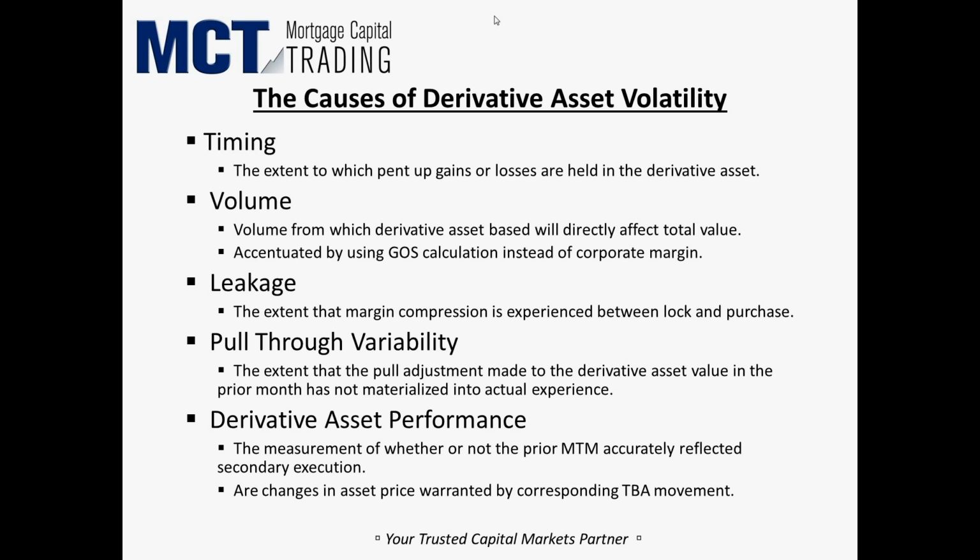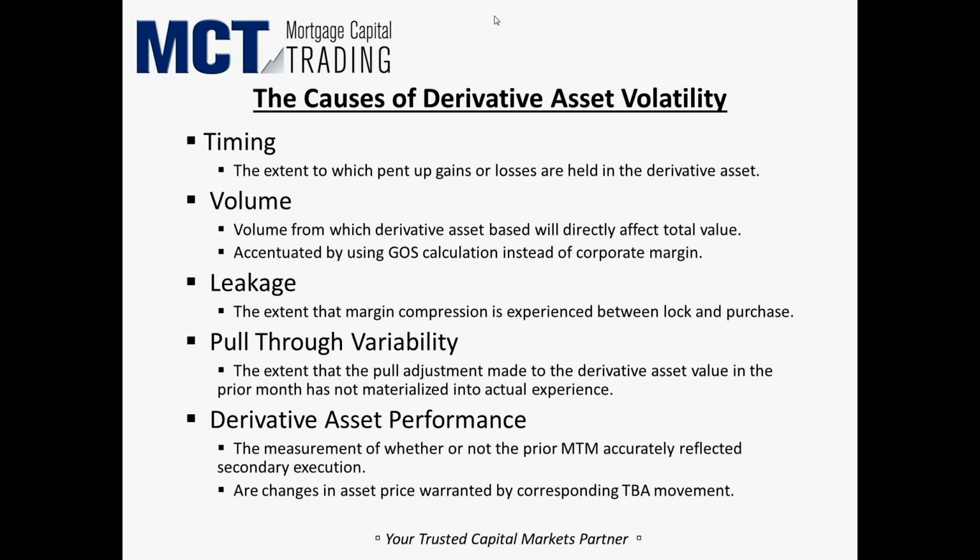That said, unlike the 10 years prior, there was an issue with derivative asset performance as well. There was this question as to whether the price movement in the asset was warranted by a corresponding TBA price movement. And the fact is that in June, especially with some of the top investors out there, it frankly was not. You saw drops because no one out there wanted to catch a falling knife.